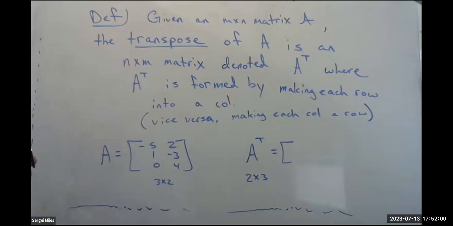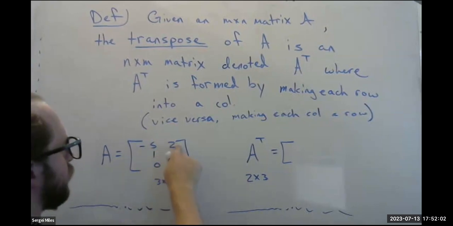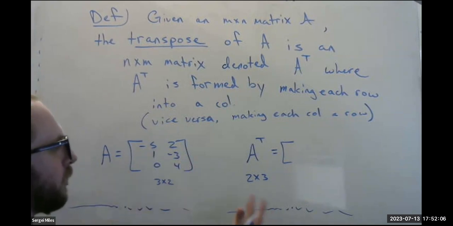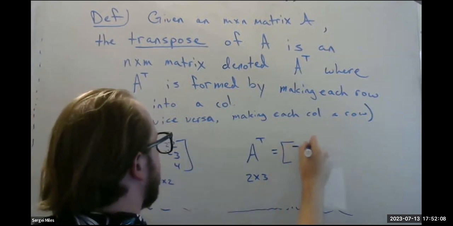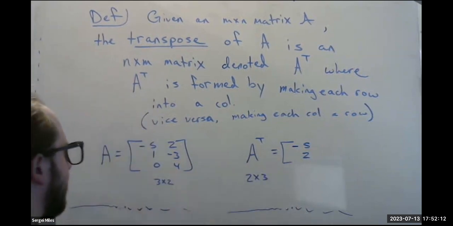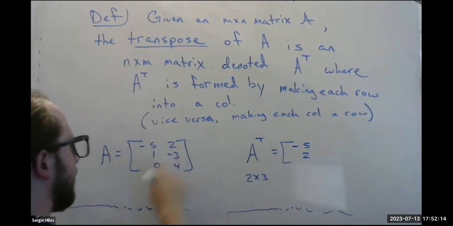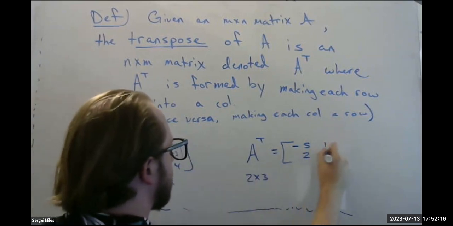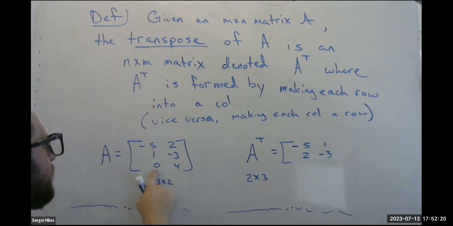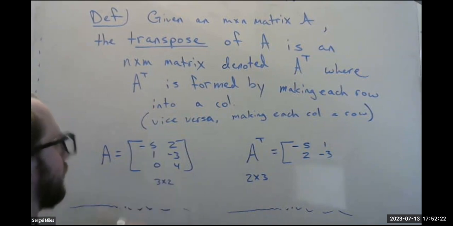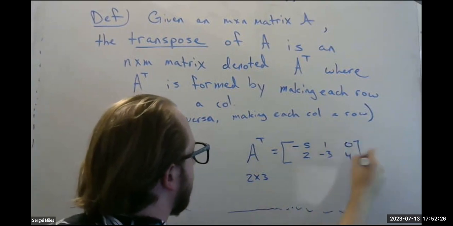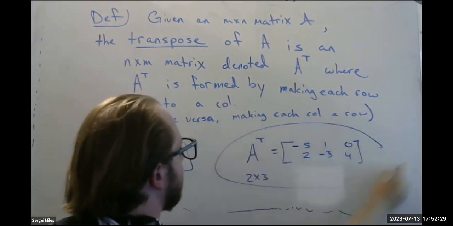Row 1 of matrix A is -5, 2. Okay, make that into a column. -5, 2. Great. What's the second row? 1, -3. All right, turn that into a column. What's the third row? 0, 4. Okay, turn that into a column. 0, 4. And lo and behold, you just found your transpose.